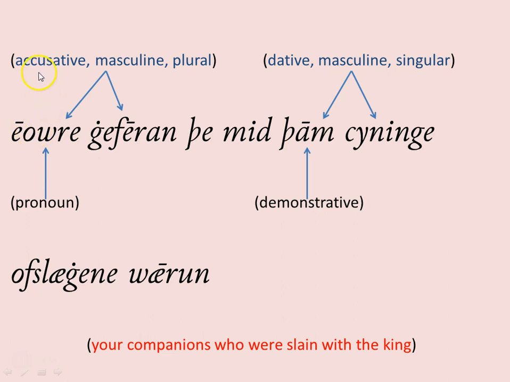They're in the accusative, masculine, and plural. They must agree with each other. Over here, þæm cyninge, dative, masculine, singular. So both of these must agree with each other in the dative, masculine, and singular. This þæm is demonstrative. This eowre is the pronoun.